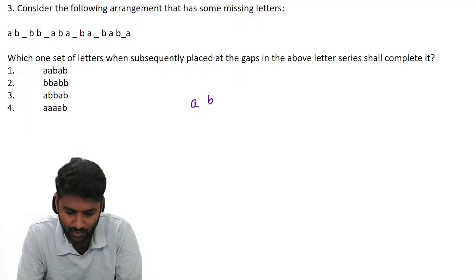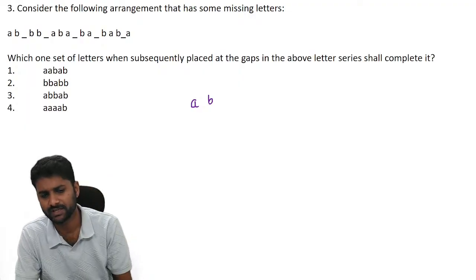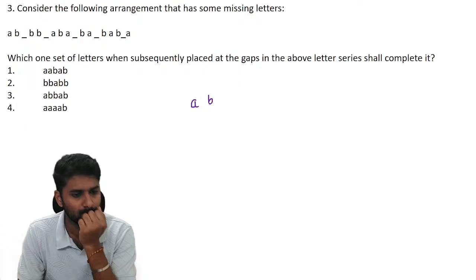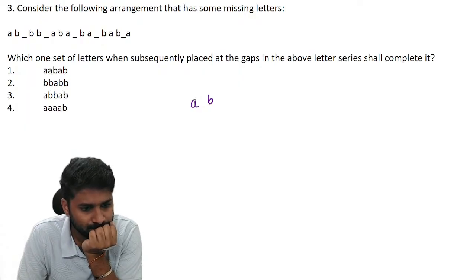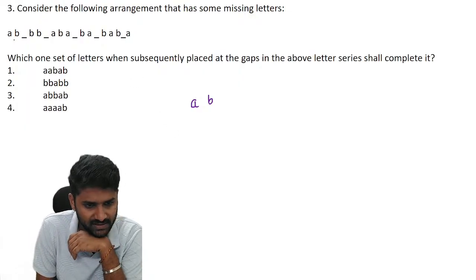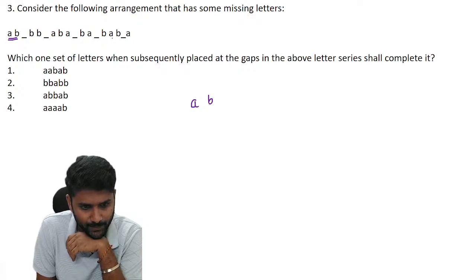Observation is most important, otherwise you can substitute each and every option. See, observe the entire sequence. You can find these elements like A, B. A, B is common.